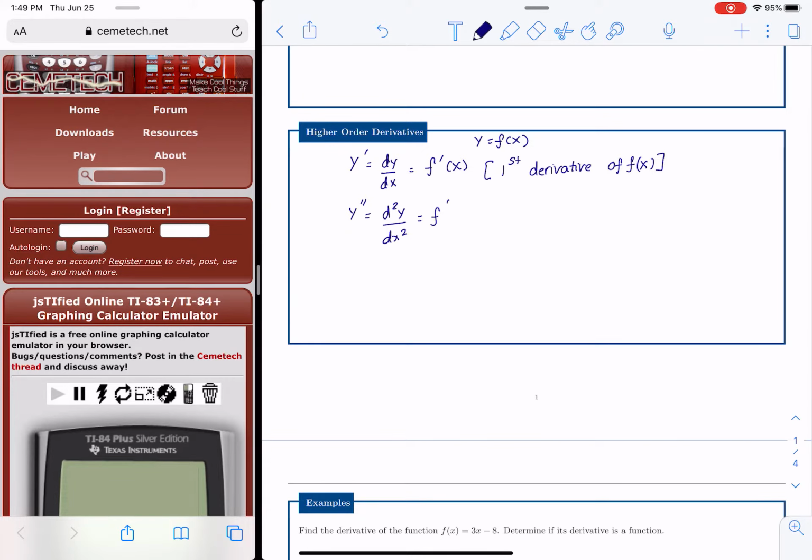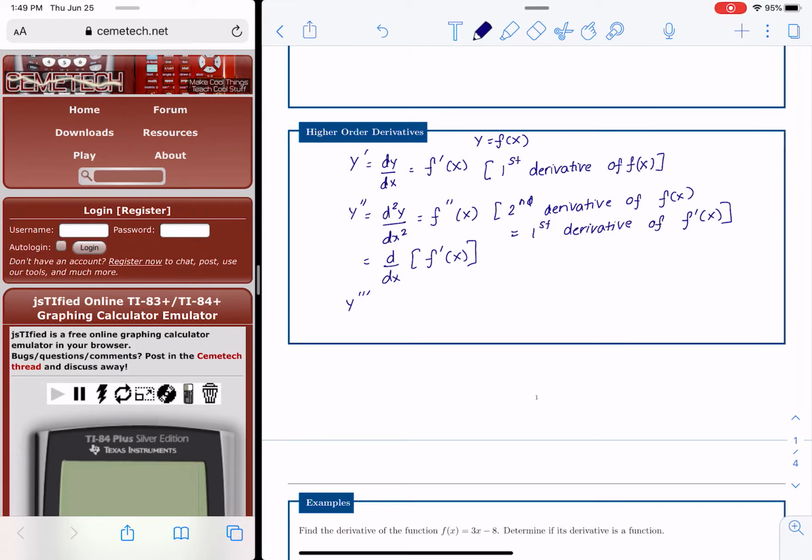We write it as f double prime of x. This is the second derivative of f of x, which simply is the first derivative of f prime of x. In other words, you take the derivative of f prime of x.